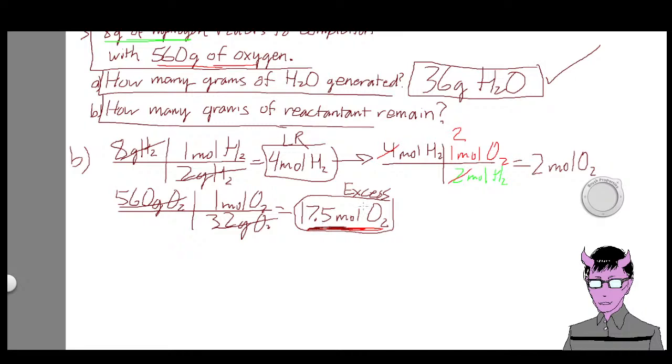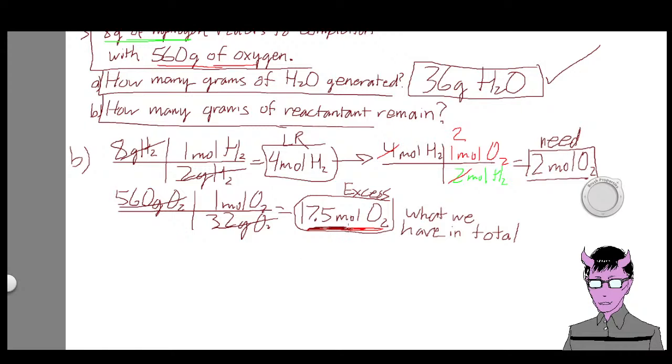Since that is excess, I'm going to put it in parentheses. This is what we actually have, what we have in total. And then we have 2, this is what we need.